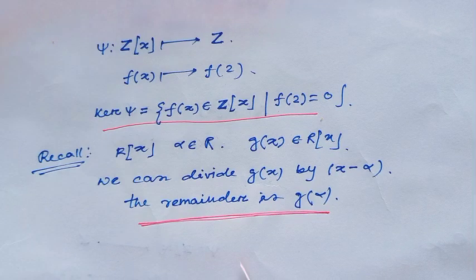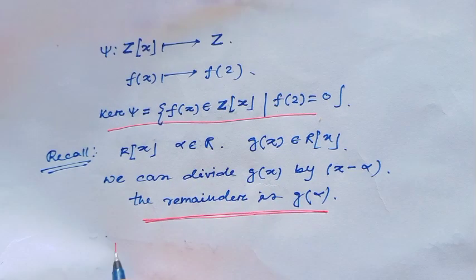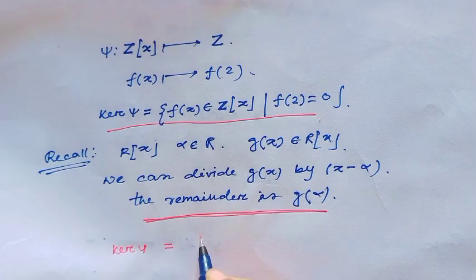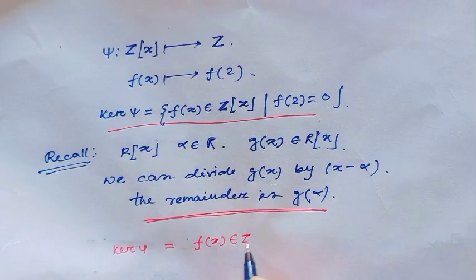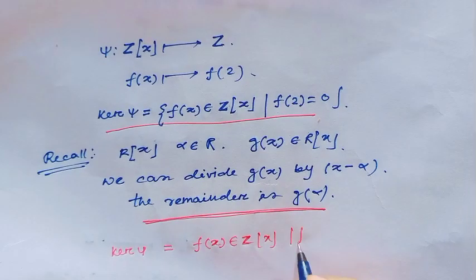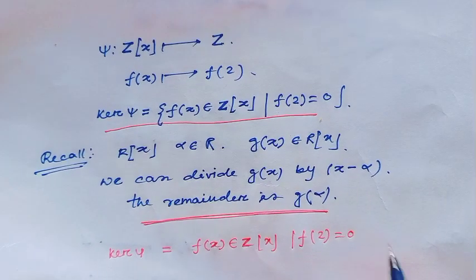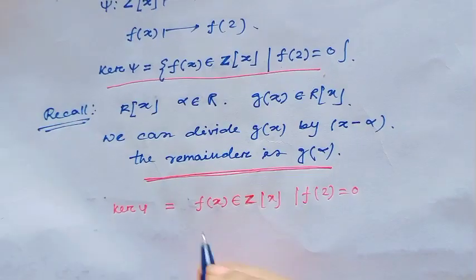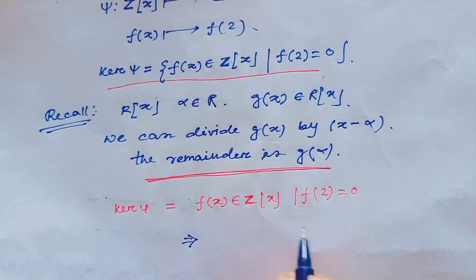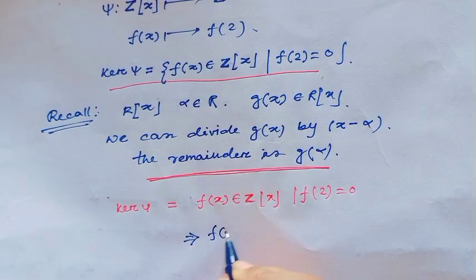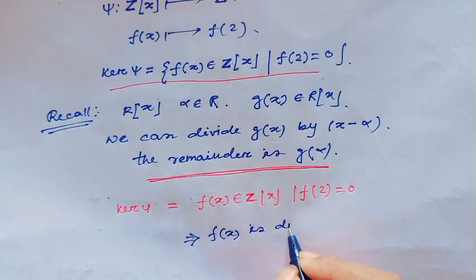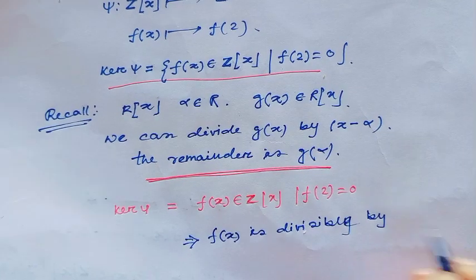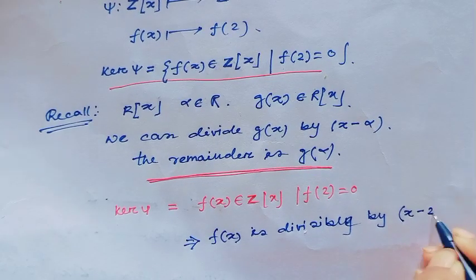Therefore, since here the kernel is the set of those f(x) in Z[x] such that f(2) equals 0, that implies the set of those functions f(x) such that f(x) is divisible by the polynomial x minus 2.